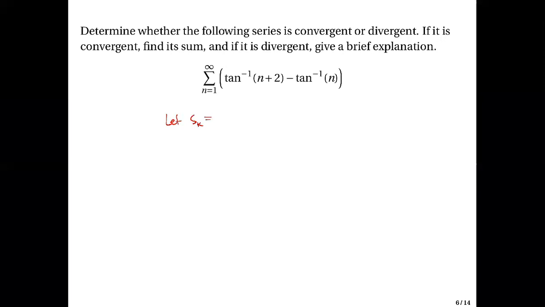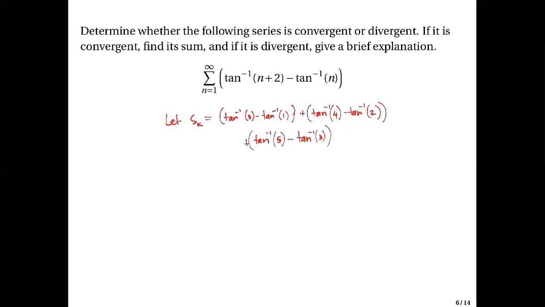Okay, so at n equals 1, you will have tangent inverse of 3 minus tangent inverse of 1, plus at n equals 2, you have tangent inverse of 4 minus tangent inverse of 2, plus at n equals 3, you have tangent inverse of 5 minus tangent inverse of 3.